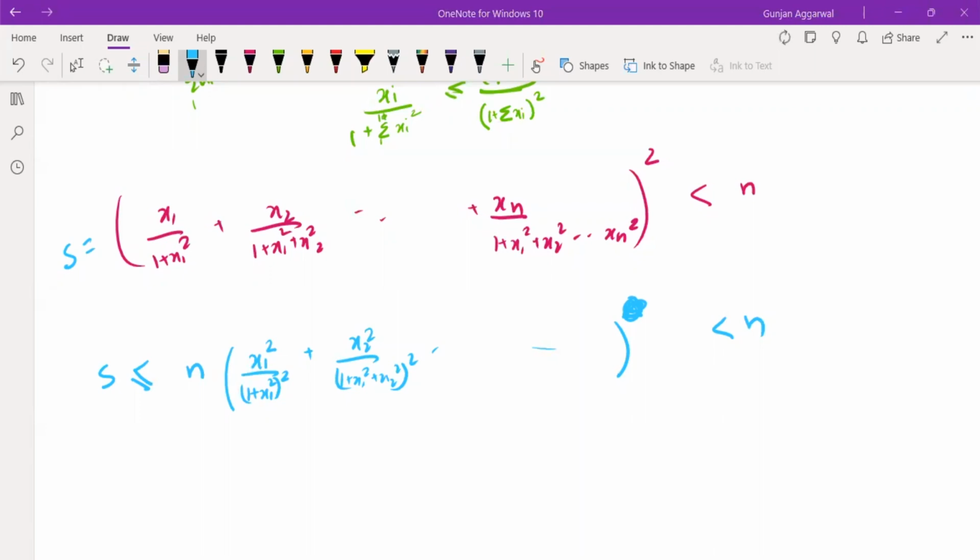So we have to prove x1 square by 1 plus x1 square whole square, and then the sum is less than 1.